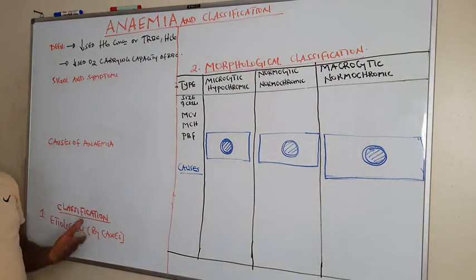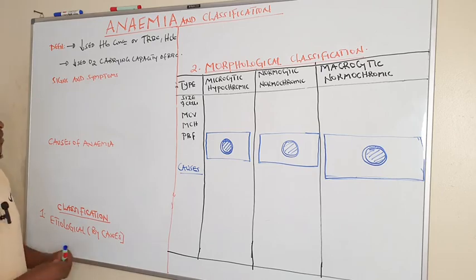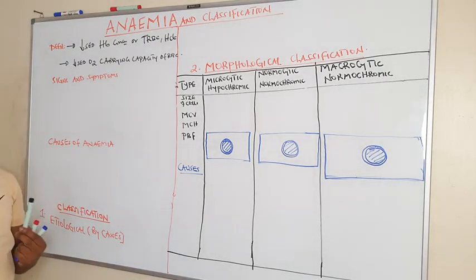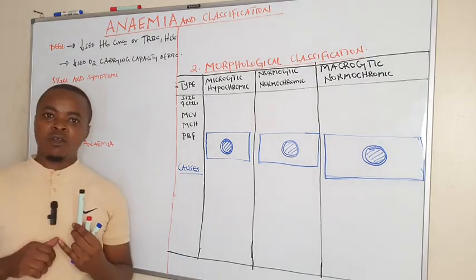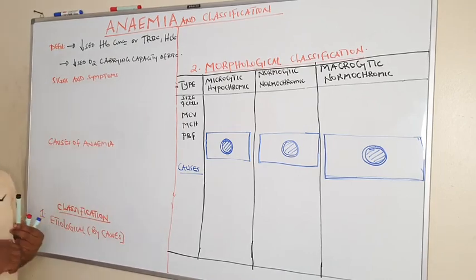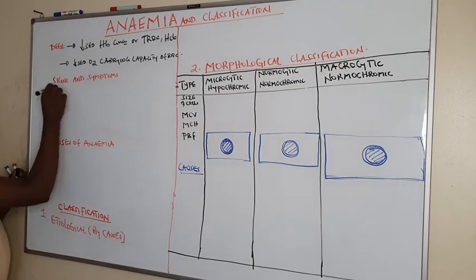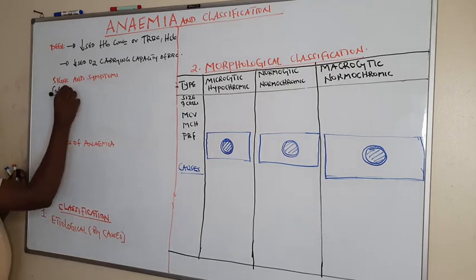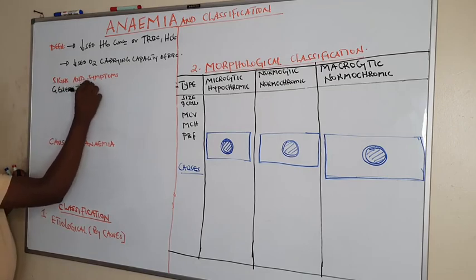Then the signs and symptoms of anemia. How can you tell that someone has anemia? There are what we call general signs and symptoms, and specific ones. Under general signs, we are going to see signs like palpitations.